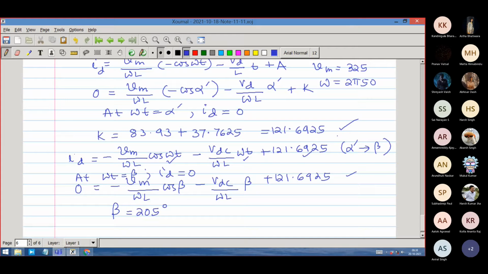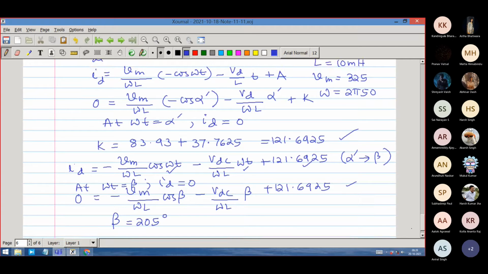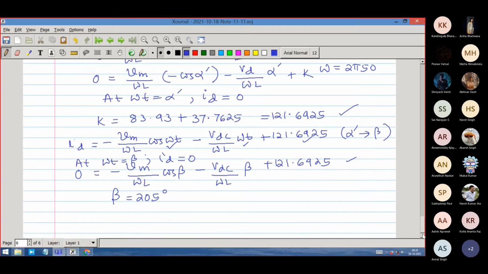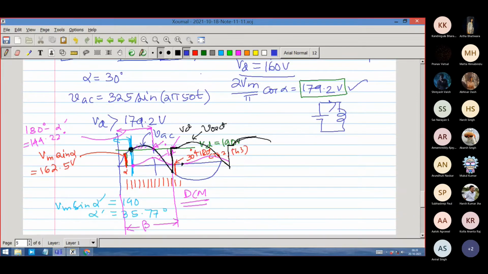Only in that portion it has 3 combinations, so between that portion, you will get that kind of expression. The waveform will look like this kind of thing.